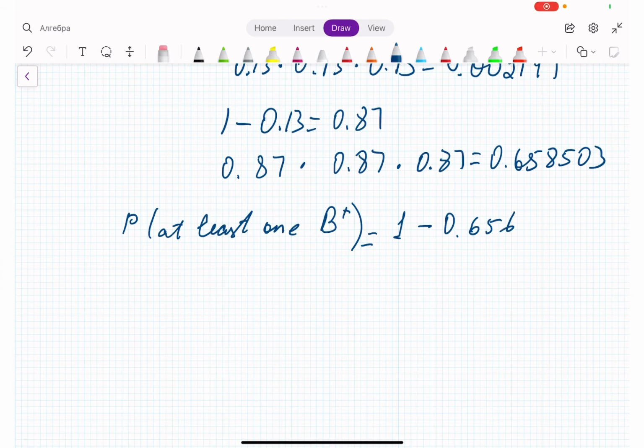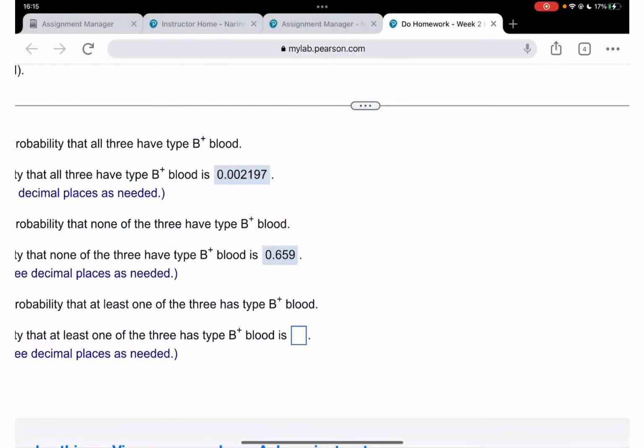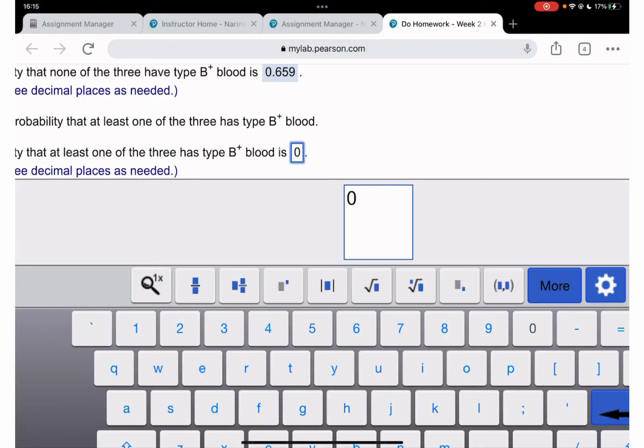That is going to be at least 1. So 1 minus 0.656, we are getting 0.344.